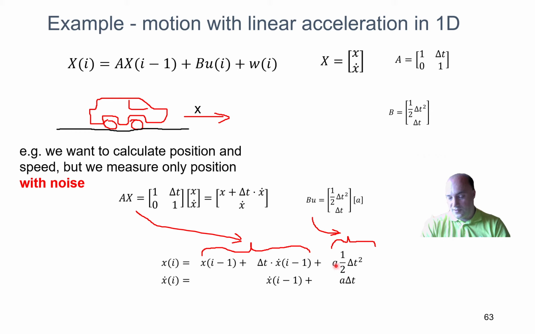So this is the acceleration times this value from the matrix B. And the second equation here is for speed. So here I have x dot. What was the previous? What is the current speed? The current speed depends on the previous speed plus acceleration times delta t. So this is still simple physics equations.